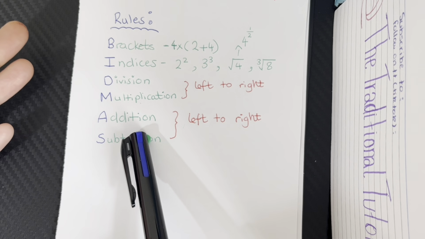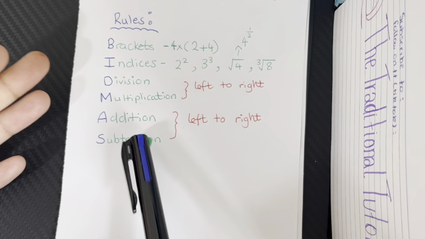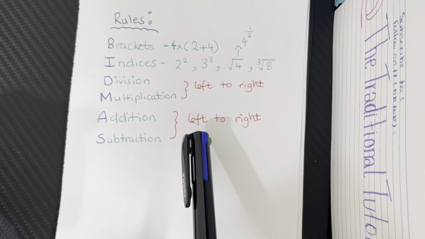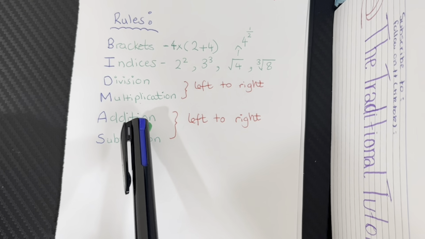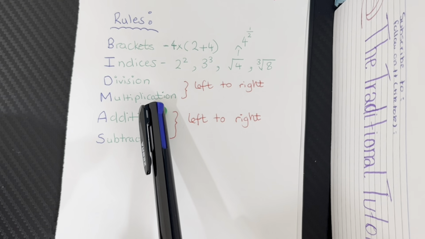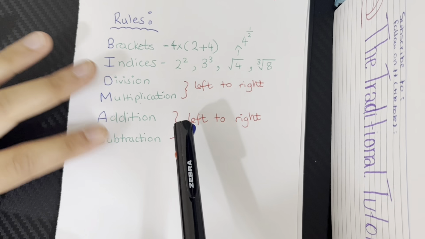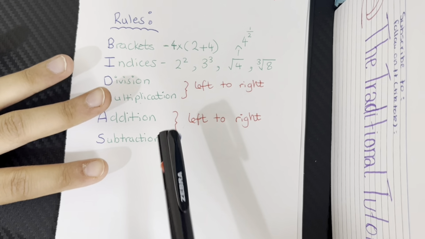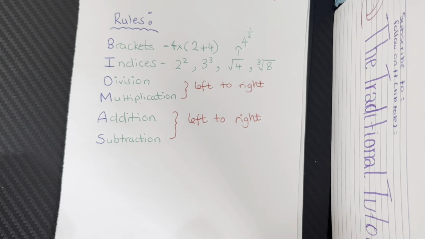If you've got subtraction first, you will be solving your subtraction bit first. So a key point to think about is just the phrase left to right, with addition and subtraction and division, multiplication. When we look at some examples, this will all become a lot clearer, so don't worry too much if you're still a bit confused about how to solve a question with division, multiplication, addition, subtraction, etc.